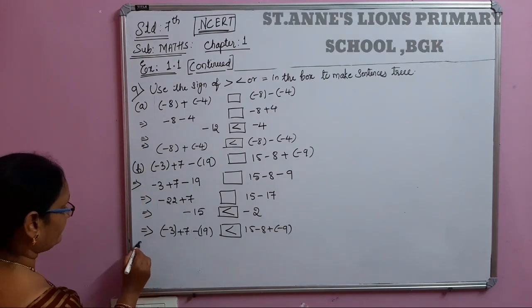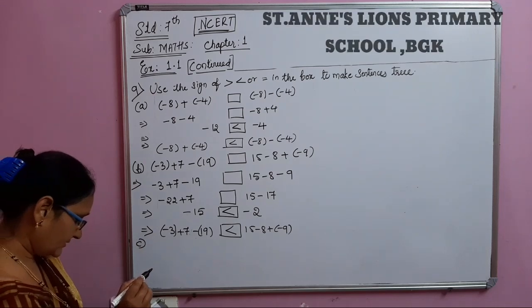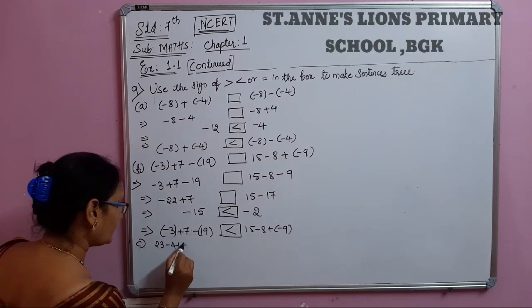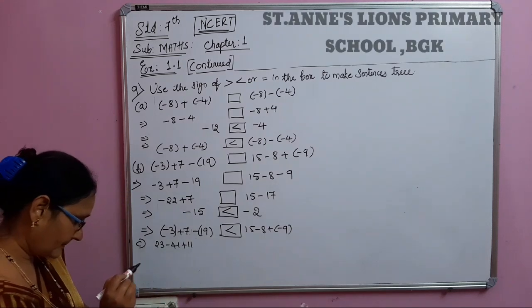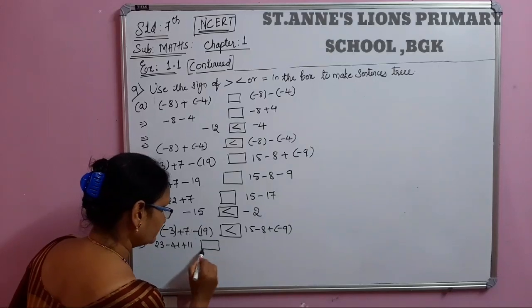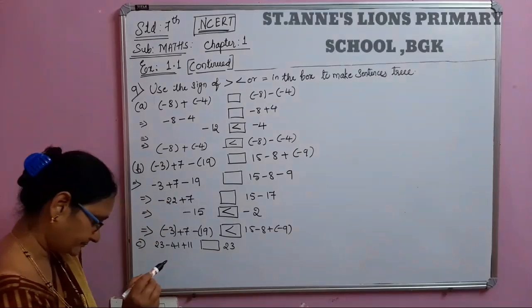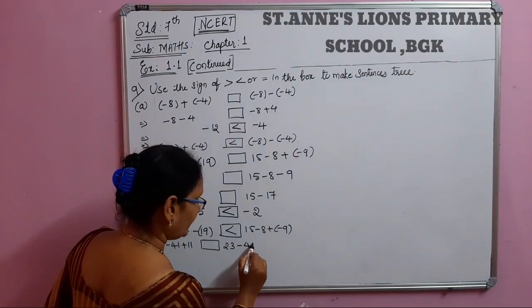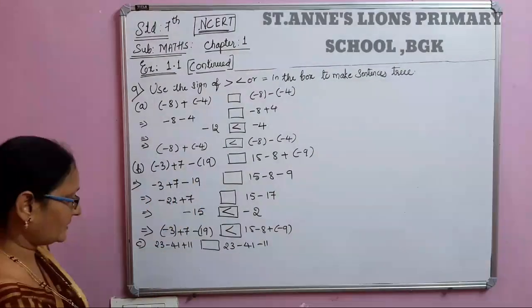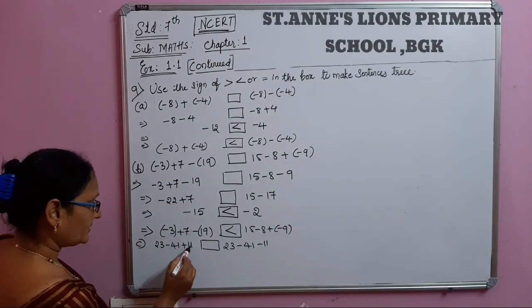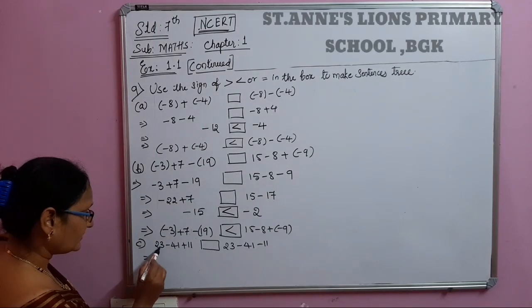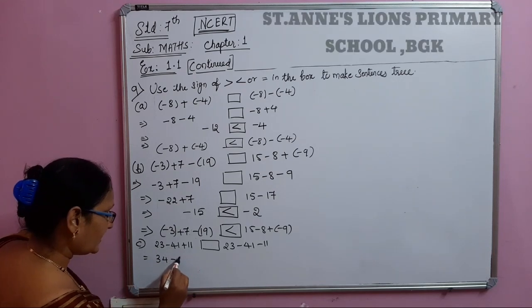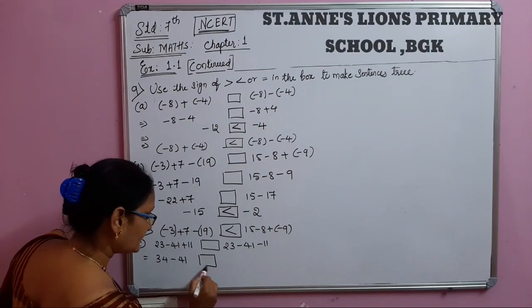C1, 23 minus 41 plus 11, box, 23 minus 41 minus 11. See, 23 plus 11 is 34, minus 41, box.